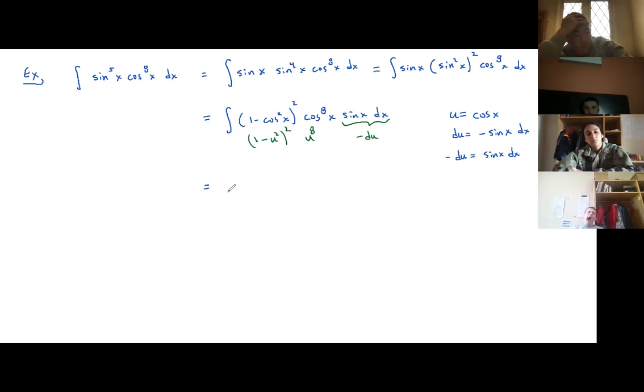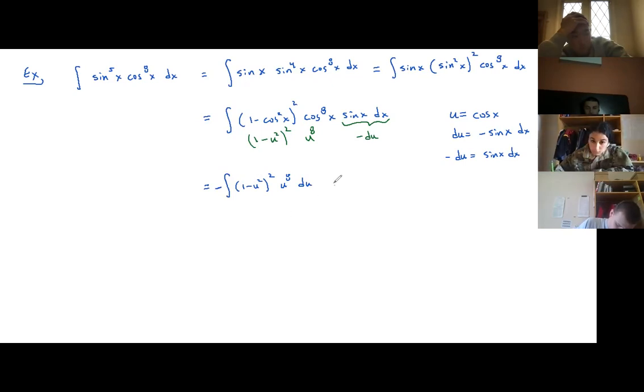And I don't know about you, but I am much more comfortable with polynomials than I am with trig functions. So you throw any kind of integral of, here's a long polynomial, like, that's fine, whatever, and just take it step by step. And so now I have 1 minus u squared, squared, u to the 8th du. I'm going to throw a minus sign out front, right?